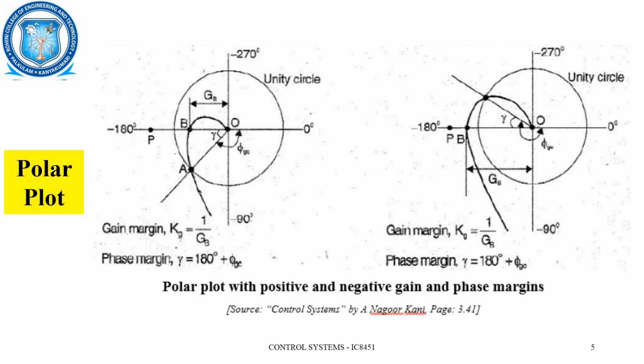So 1 divided by that value will give you the gain margin. Next, we can see the polar graph is cutting the unity circle at this point. You draw a straight line here and you have to measure the angle between the 0 degree line and this line. You'll get a larger angle plus 180 degrees. If you substitute, you'll get the negative gain and phase margin in this case. So this is how we'll be calculating the gain and phase margin with the help of a polar plot.